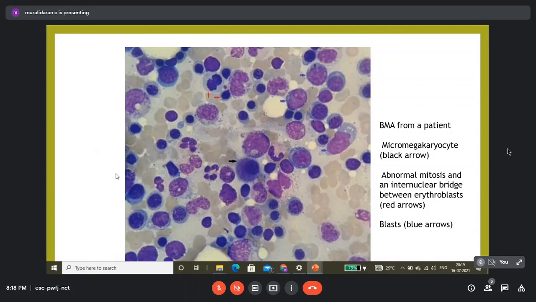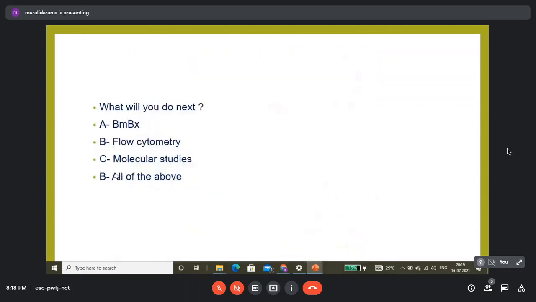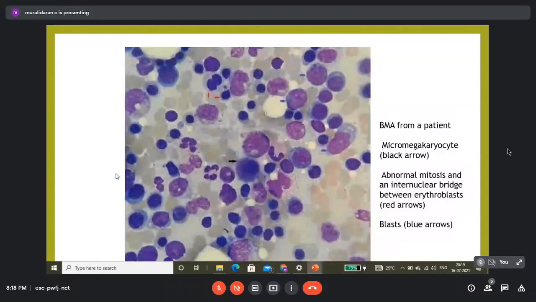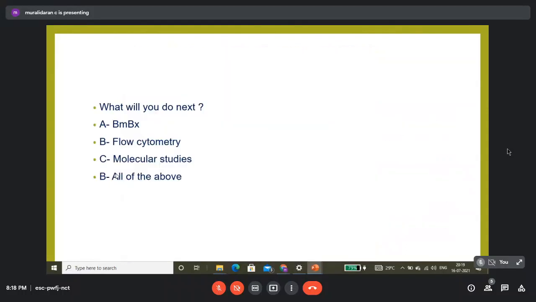Based on that, since the blast count does not increase more than 10%, I have diagnosed it as a case of MDS EB1. So in this case, will you do a bone marrow biopsy, or will you run flow cytometry, or do molecular studies, or will you do all 3?